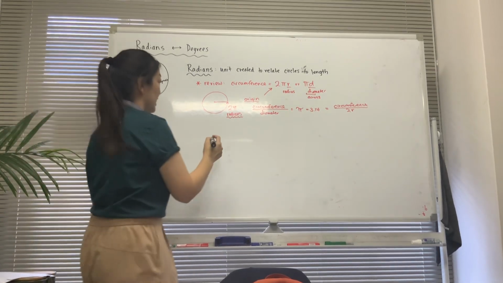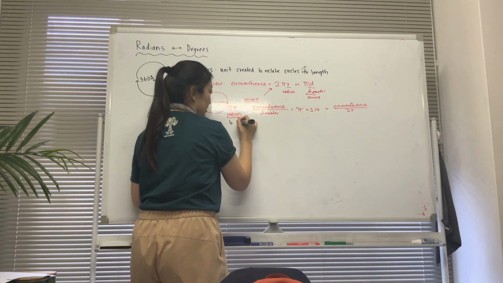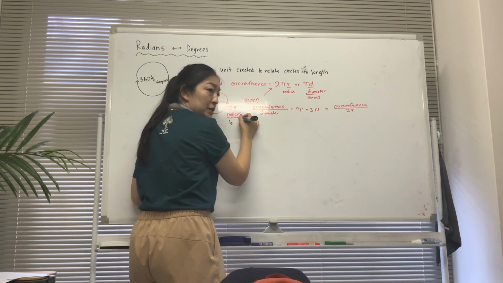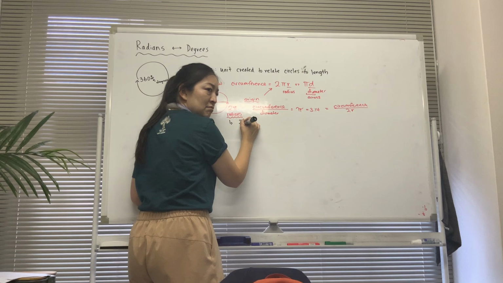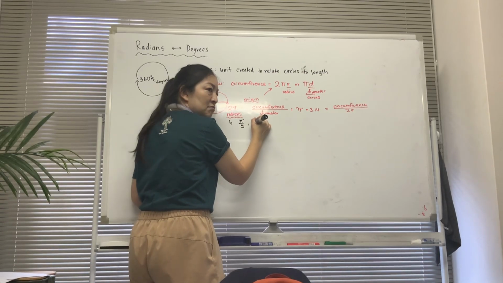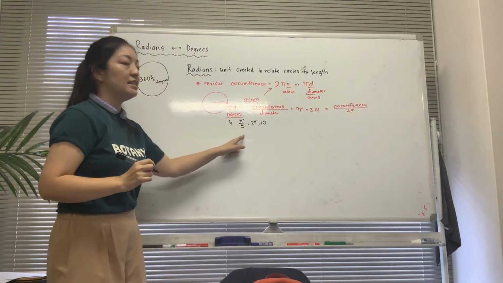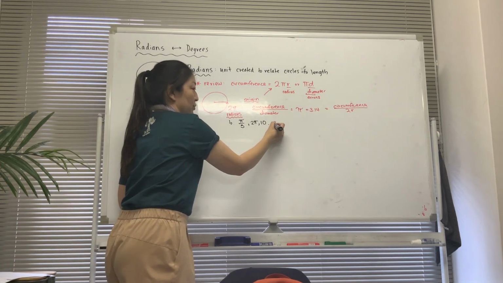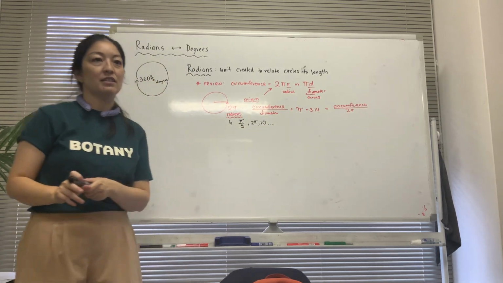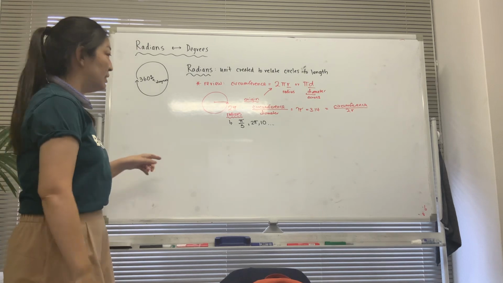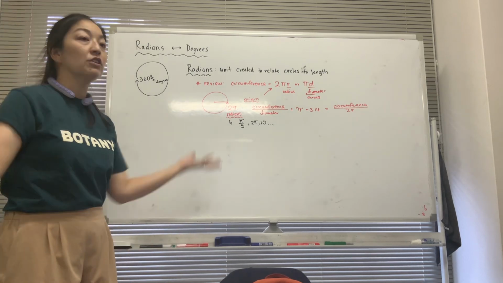If we see any of these types of numbers, that would be radians. Sometimes you get a 10 radian. It doesn't happen often, but it does happen, especially when you're first learning it. So we're gonna learn how to convert.